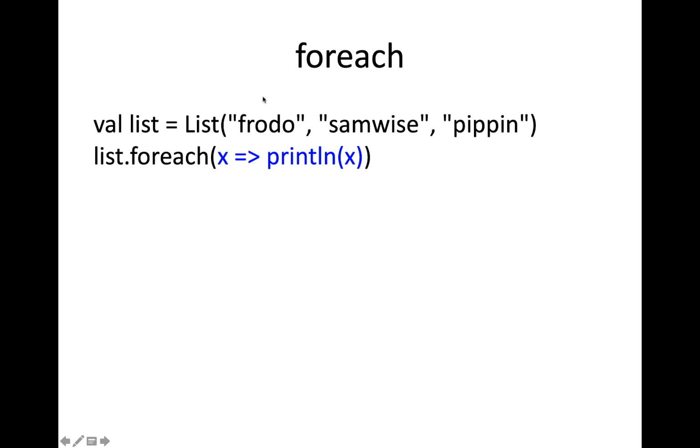What will be the output after that is applied? Frodo is x, and after we apply this blue color function on the first item, Frodo will be printed out, correct? Similarly, this blue color function will be applied to the second item in the collection, and Samwise will be printed out, and similarly Pippin. So the output will be this, okay?